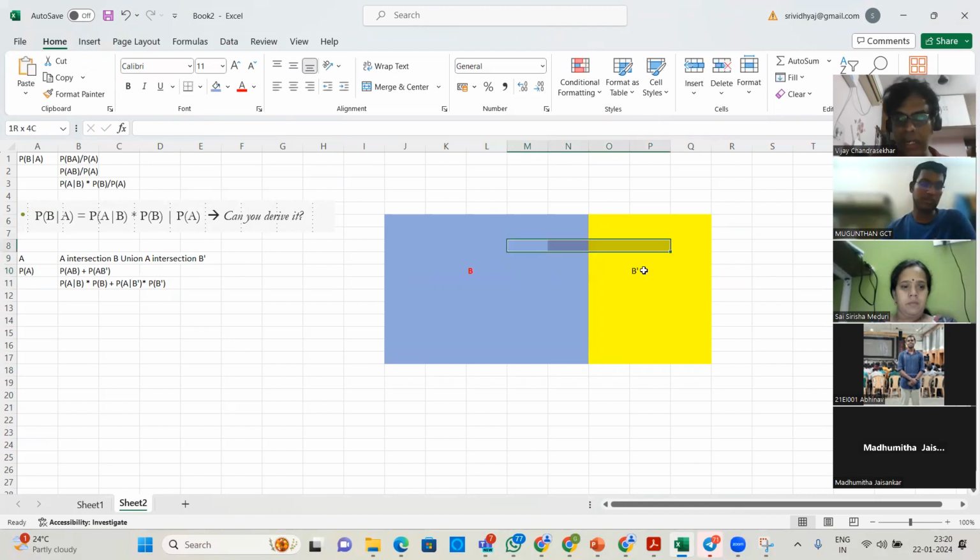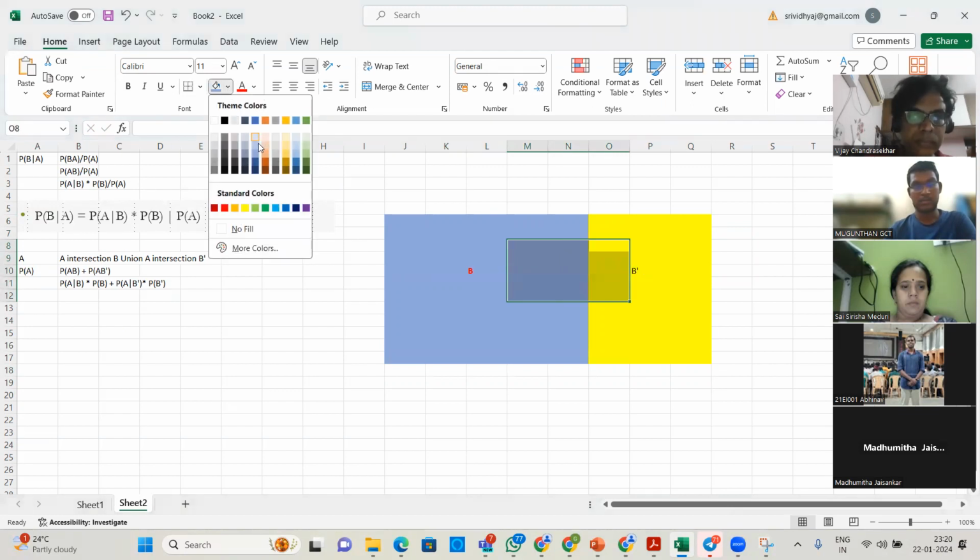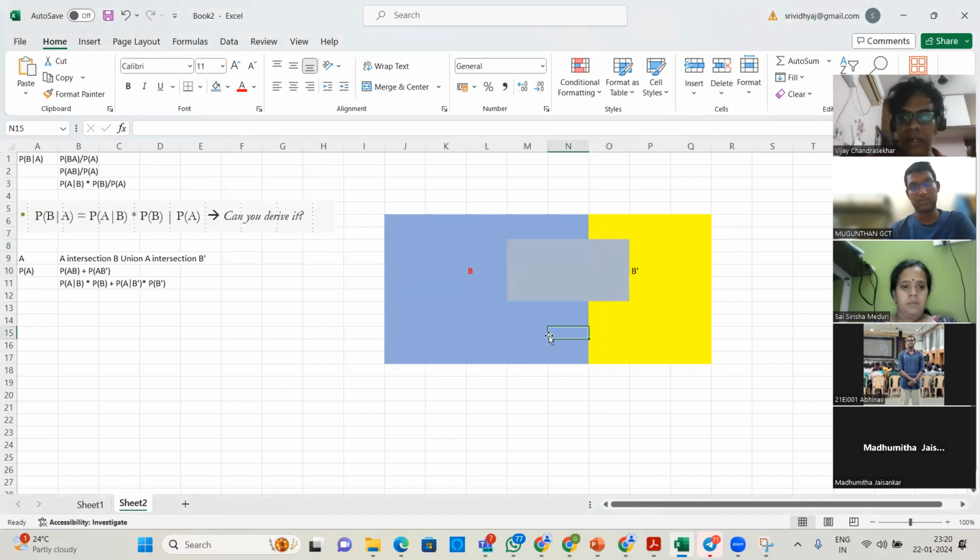Now this box is A. Can I say this bit is A intersection B, and this is A intersection B complement?